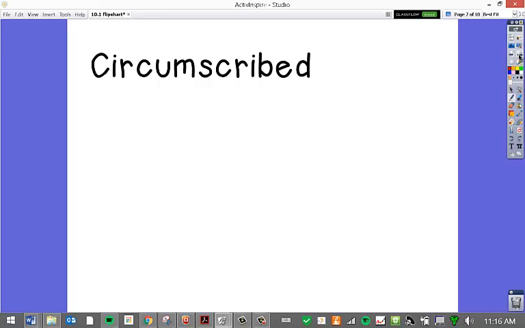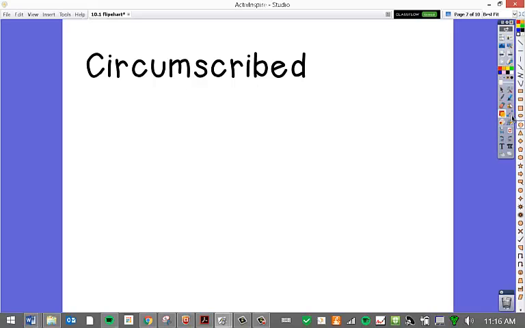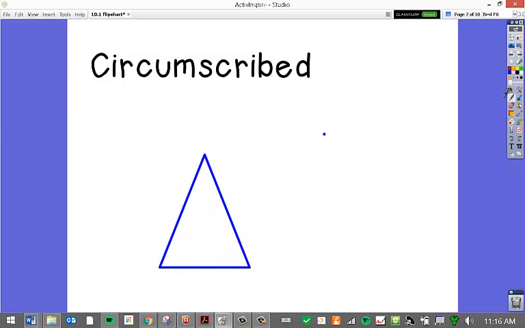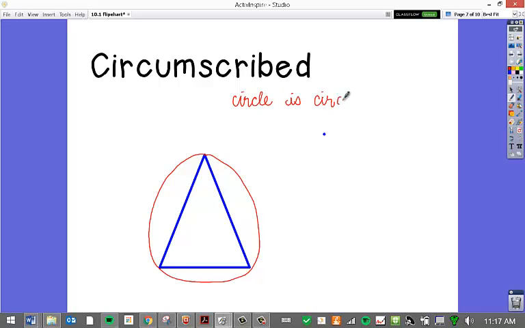Almost like the reverse of inscribed is circumscribed. So let's say I have a triangle. Basically, a circle is circumscribed about a polygon if all of the vertices of the polygon lie on the circle.